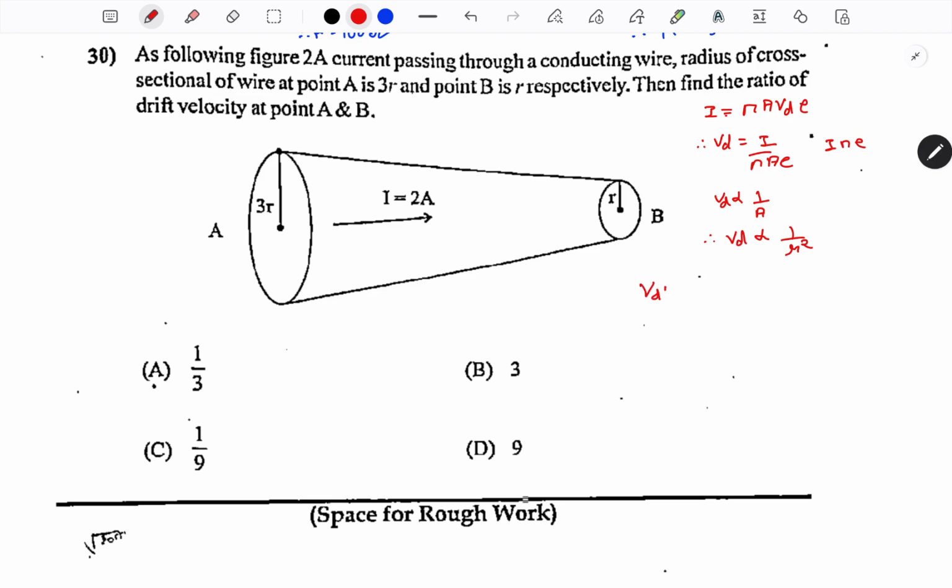So we can say VDA by VDB is equal to (RB by RA) whole square. Okay, and according to this, RB is R and RA is 3R, so (R by 3R) square will be 1 by 9. So VDA by VDB is equal to 1 by 9, option C.